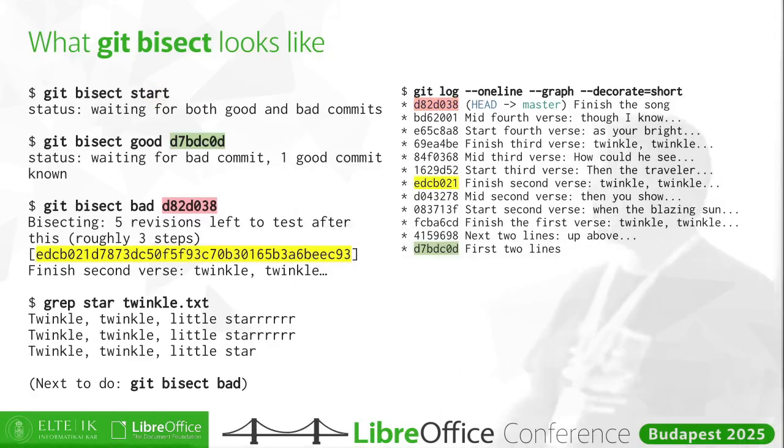Git bisect start, git bisect good, this one, git bisect bad, this one. As soon as git bisect had both the last known good and the first known bad, it automatically moved us to a commit in the middle, right? So we are now here, and we're going to test it. We don't need to build anything because this is just a text file, but in reality, you will build, run, and test.